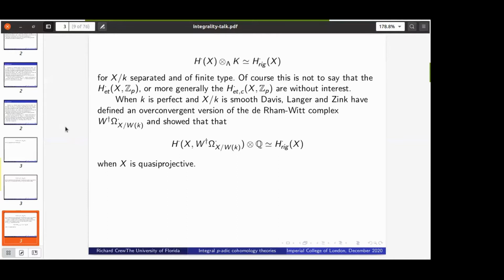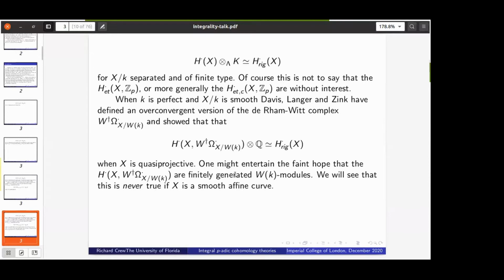This is a complex of W(k)-modules, W(k) being the Witt vectors, and they showed that if you extend scalars, you tensor with Q, then the result is in fact isomorphic to rigid cohomology, at least when X is a quasi-projective k-scheme.